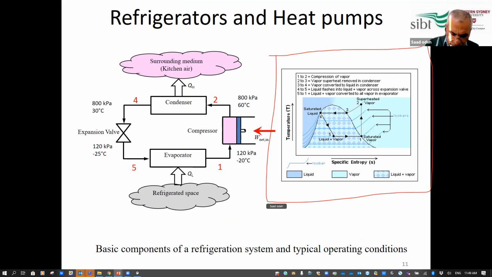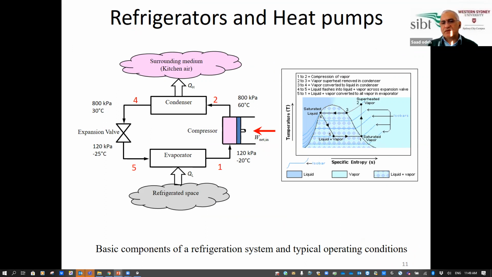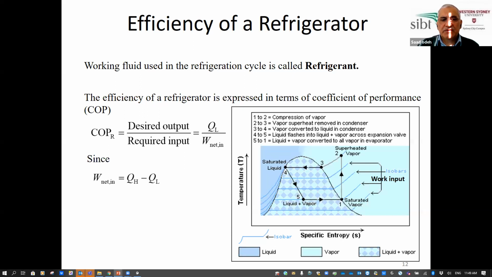So don't get confused with these two graphs. Each has its own system.